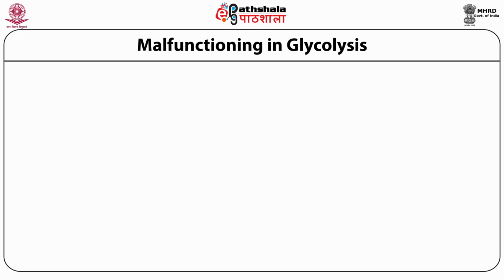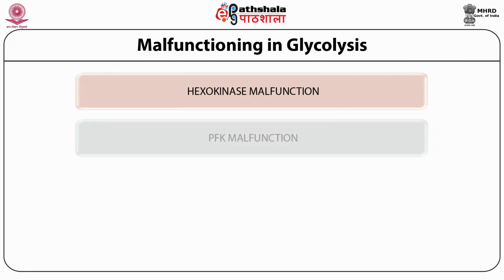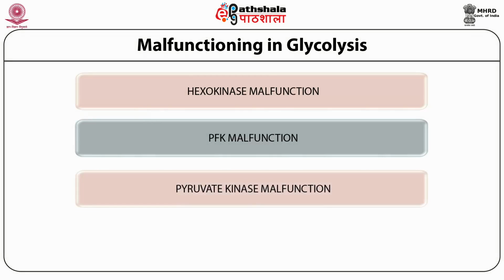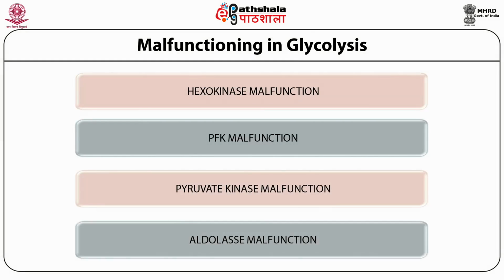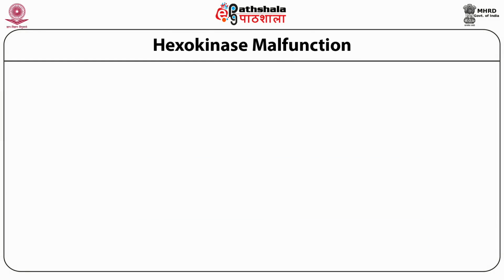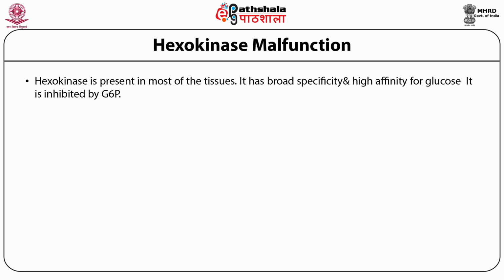There are certain malfunctions in glycolysis that have been observed, mainly hexokinase malfunction, PFK malfunction, that is phosphofructokinase malfunction, pyruvate kinase malfunction, and aldolase malfunction. Hexokinase malfunction. Hexokinase is present in most of the tissues. It has broad specificity. It acts on many sugars.